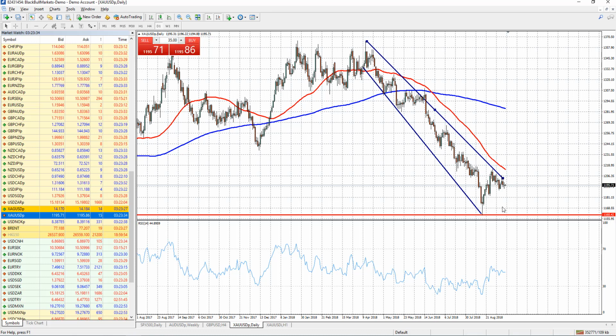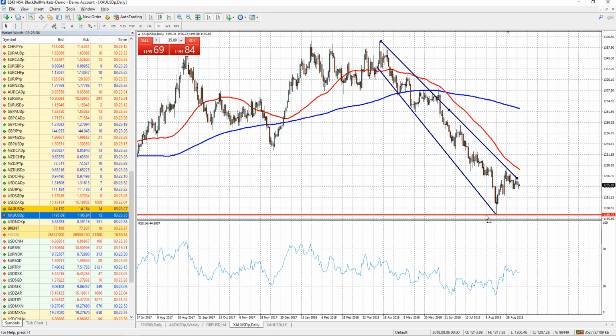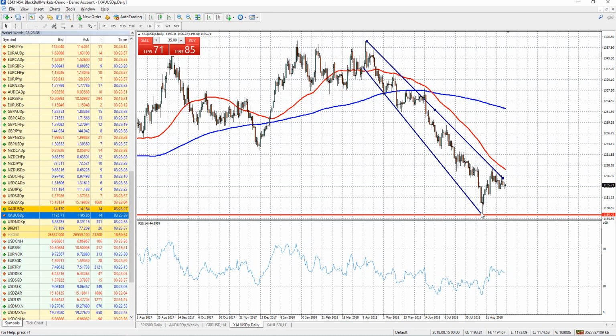But let's just consider these points for now. Getting back to our horizontal line, we could also consider this to be a key level of support, and not many would disagree.